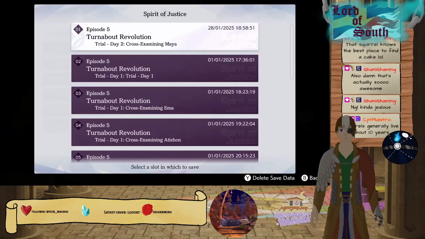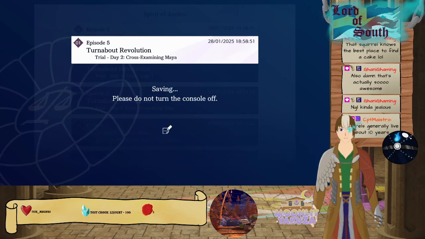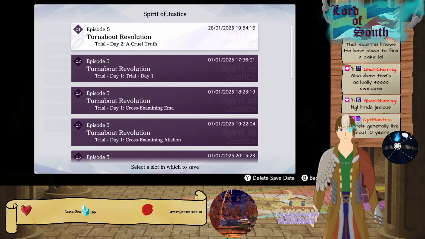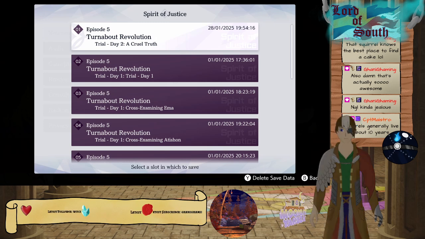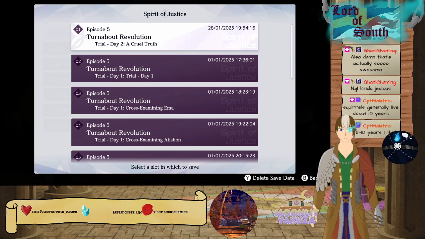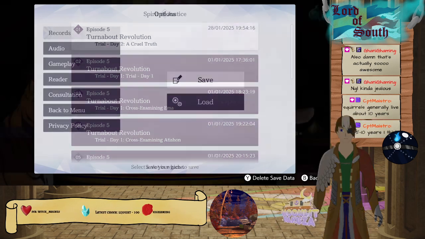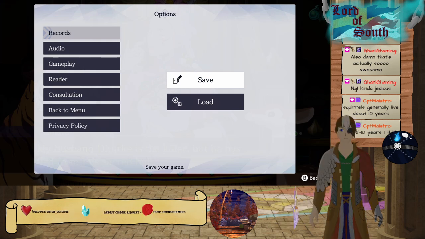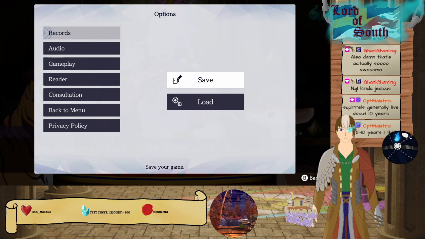Squirrels generally live about 10 years. I am pretty certain I was around 10, I would say 12 or younger. Because I'm pretty certain it was not when I was in gymnasium. It was before that. I was 16 when that was.